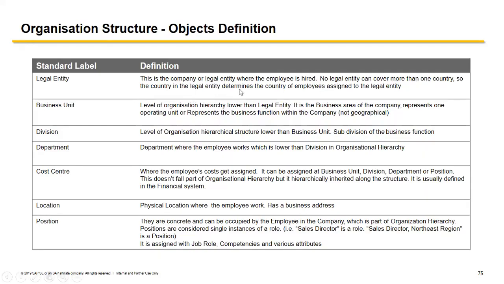Because the country in the legal entity determines the country of employees assigned to that legal entity. Every company has to follow the law of the land in which they are located. If I say a company in India, this company has to follow all the policies and guidelines framed by the government of India.